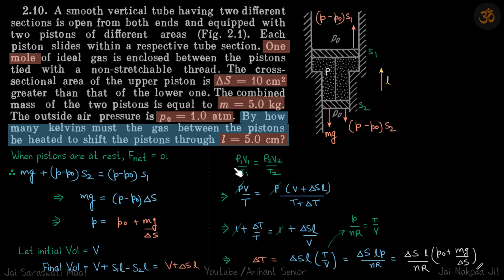So now we are ready to do our gas law. The initial temperature should be, okay, initial temperature is not given. So anyway, let's try the gas law now. P1 V1 by T1 is equal to P2 V2 by T2.